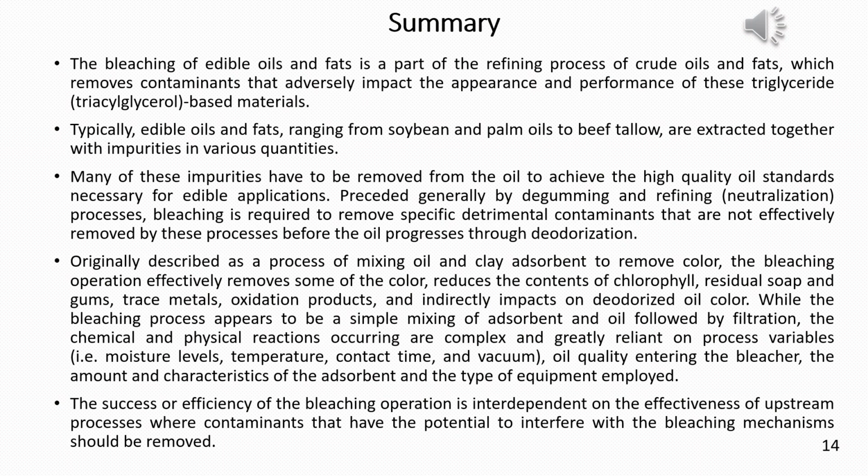While the bleaching process appears to be simple mixing of absorbent and oil followed by filtration, the chemical and physical reactions occurring are complex and greatly reliant on process variables, for example moisture level, temperature, contact time, and vacuum, as well as the oil quality entering the bleacher, the amount and characteristics of the absorbent, and the type of equipment employed.